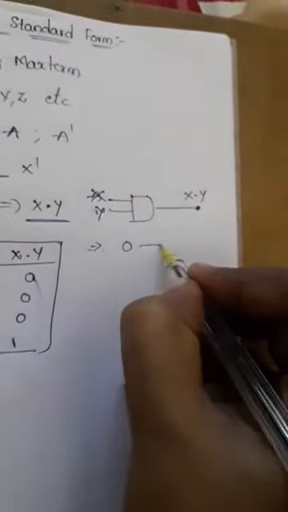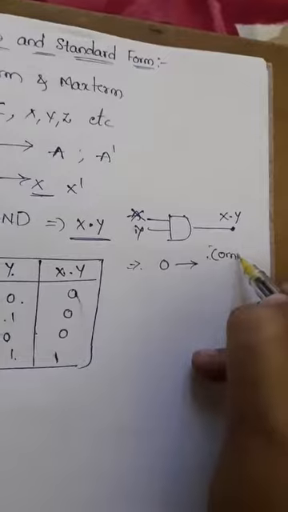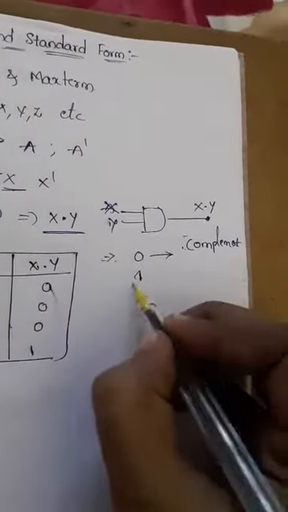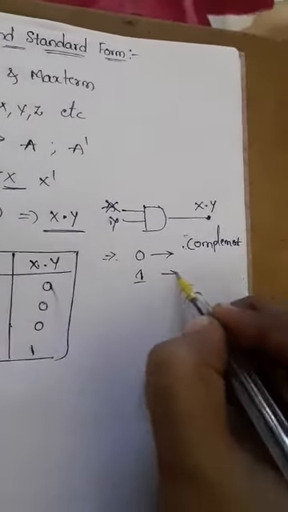Remember this very important point: 0 is always represented as complement, and the next one, 1, as normal form.